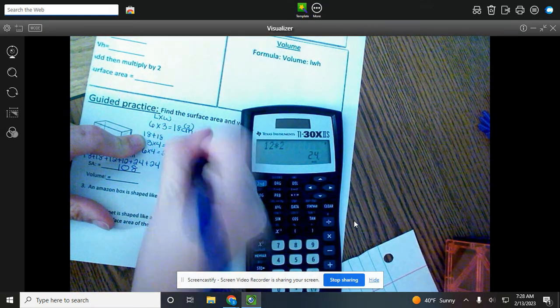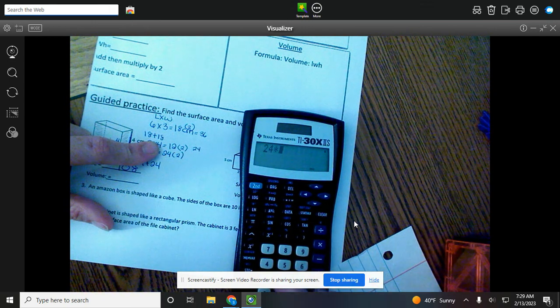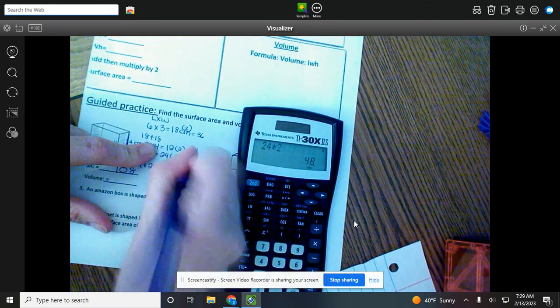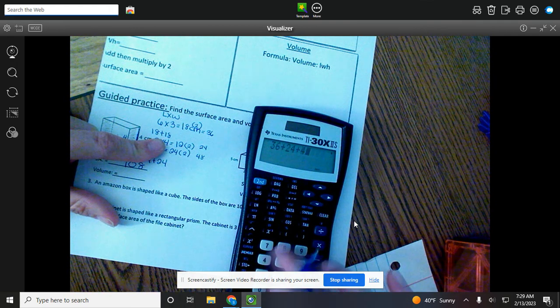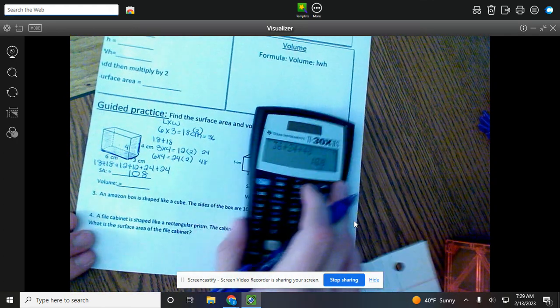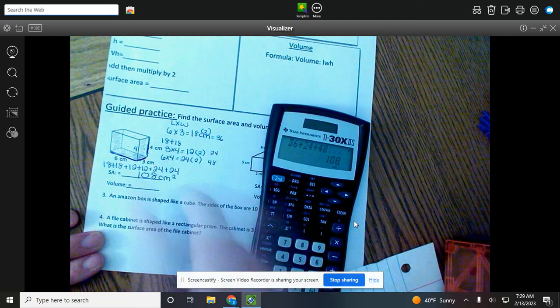And this is instead of adding all the sides, if you just wanted to multiply it, because you know that there are 2 sides. Either way that you do this, you're going to come up with the exact same answer. Gives you 108. So that would be 108 centimeters squared.